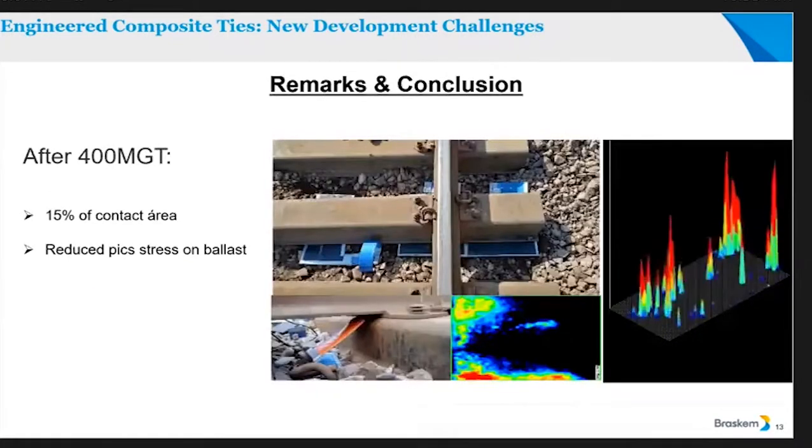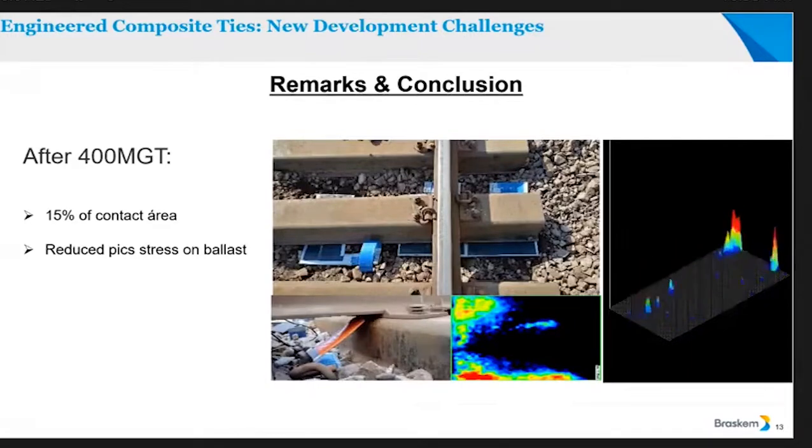We got some results after 500 MGTs on the MRS road. It's a mine corridor. We're talking about 250 MGTs per year, 36 tons per axle. It's a huge heavy haul company, a lot of volume, and we got 15% more contact area between the ballast and the under tie.